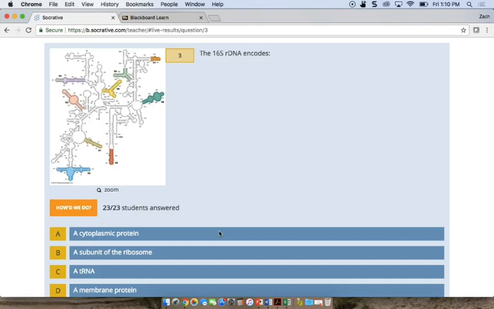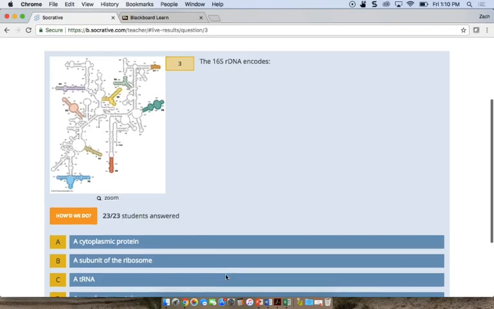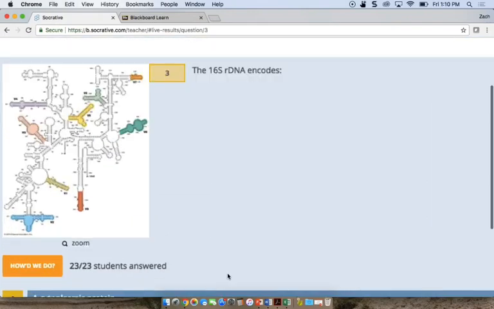I bring this one up for a couple of reasons. One, about the 1970s, there became this big way to change how we classified organisms. It's based around this molecule right here. So in eukaryotes, we look at the 18S. In prokaryotes, we look at the 16S. This is the actual RNA itself.